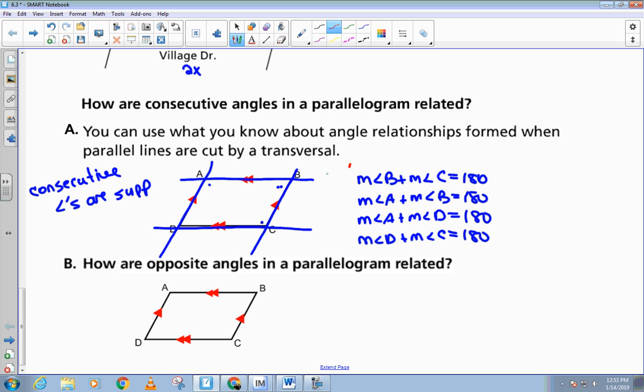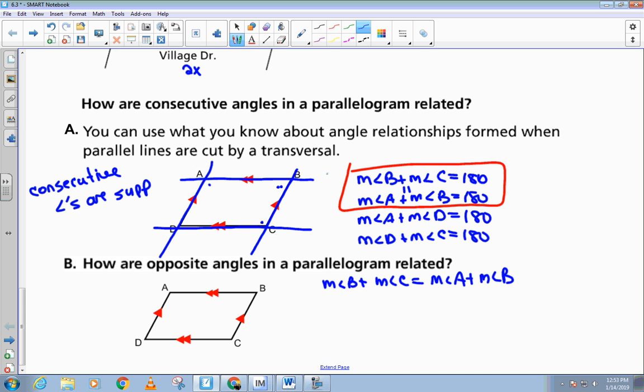So basically these two statements, right? They're both equal to 180, so honestly I can set them equal to each other, because they're both equal to the same thing. You agree? So I could say that the measure of angle B plus the measure of angle C equals the measure of angle A plus the measure of angle B. And I can subtract B from both sides, couldn't I?